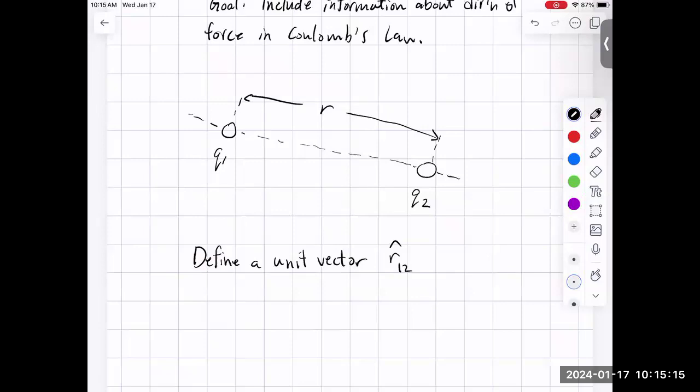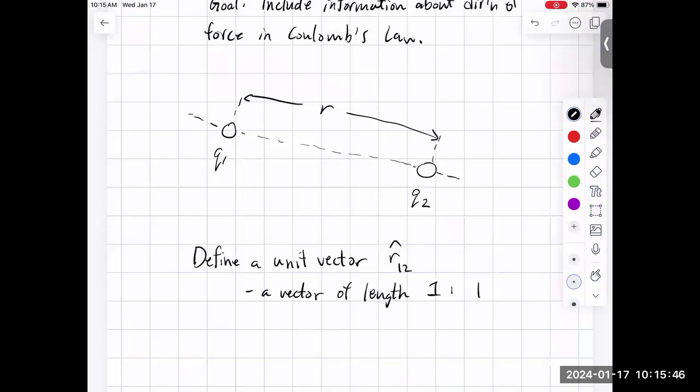In this case, we're going to define the direction of this unit vector to be along the line that connects the two charges. And specifically, it's going to point from Q1 towards Q2. So this is going to be a vector of length 1.